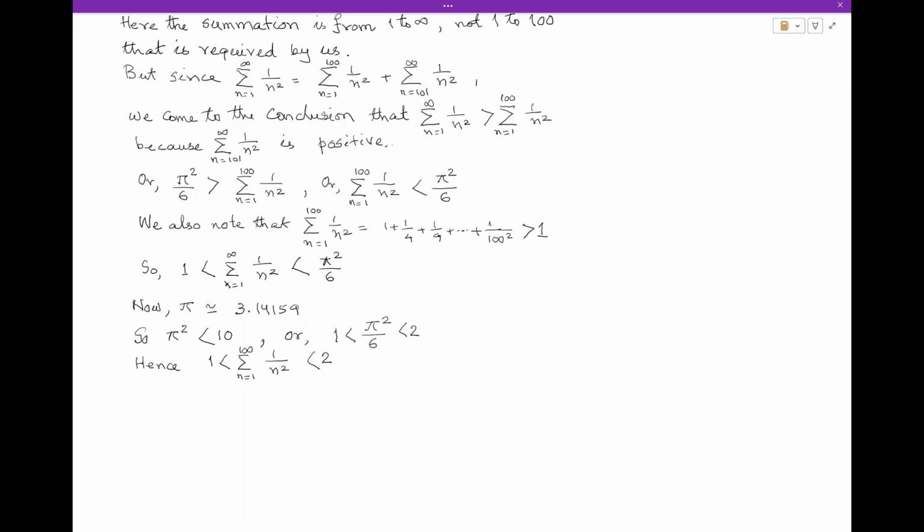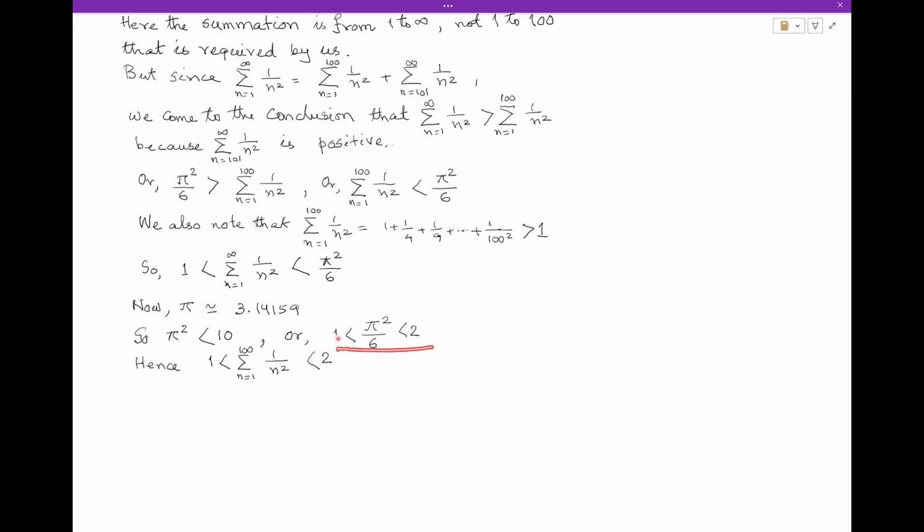Now, we know pi is approximately equal to 3.14159. Therefore, pi square is less than 10, or pi square by 6 will be less than 2. So, pi square by 6 is between 1 and 2.